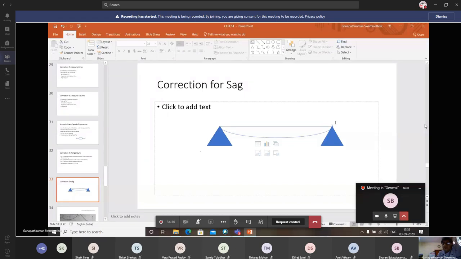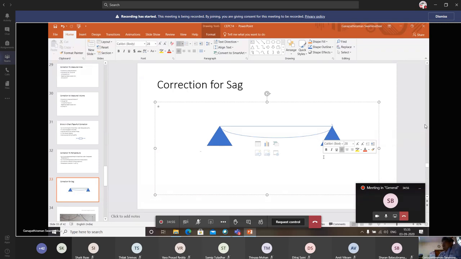Now you see that two supports, and this is a piece of steel wire which has been tied between two supports. What will happen? When you want to dry your wet cloth, what do you do?